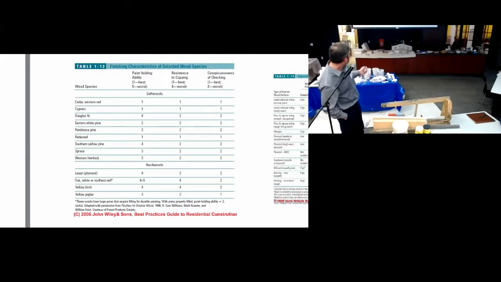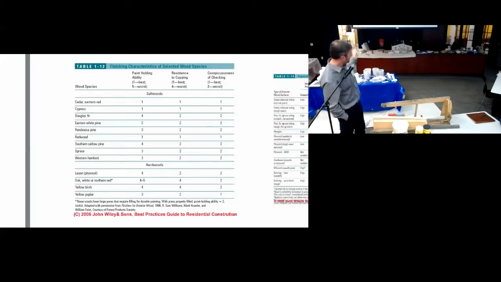What's another common wood? Redwood was down here with the same ranking as the Western Red Cedar. Douglas fir, not so good at holding paints. And we mentioned that pitch issue earlier. And it does exhibit some checking and cupping problems as well. The softwood. What's another one? Well, we already talked about oak.